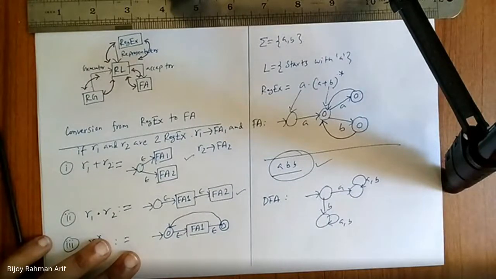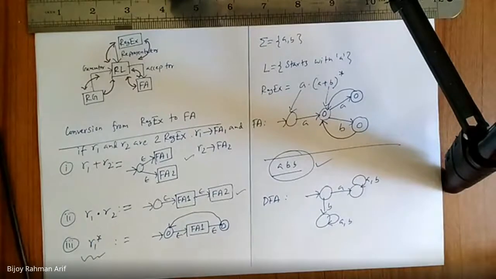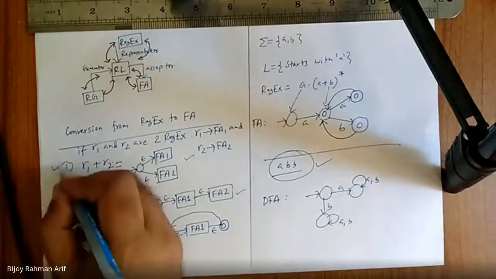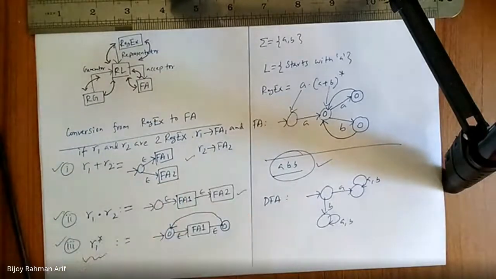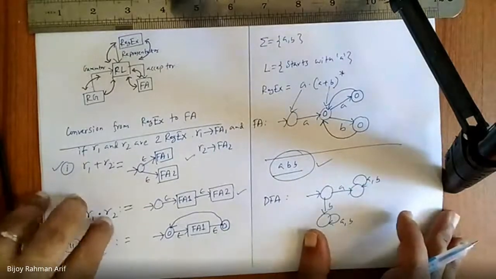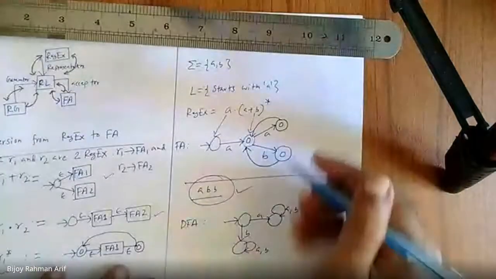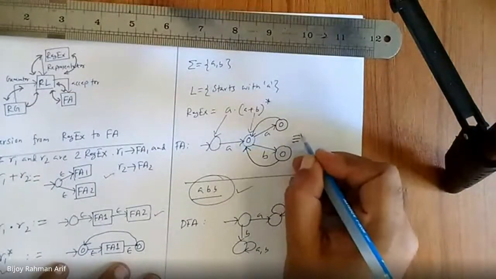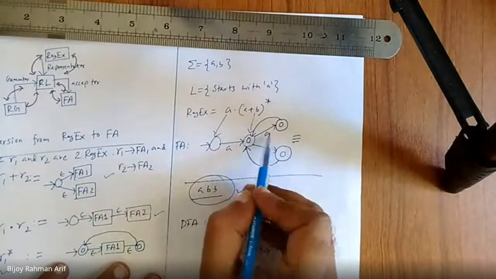But you can simplify it. There is a lot of simplification possible. But simplification depends on your charisma of solving problems. But if you remember these three rules, you can easily convert. For example, I can simplify this. How can I simplify? In this state, I have moves on A and B both.